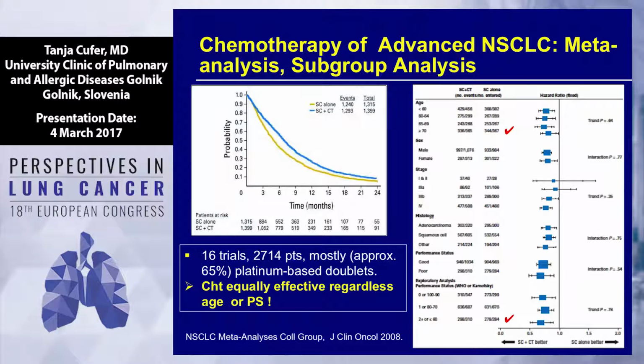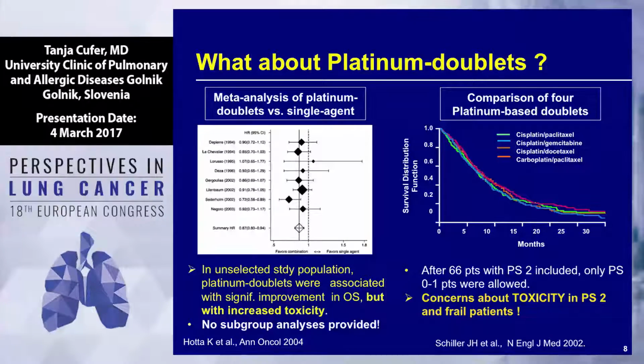When we look at platinum-based doublets, also in this meta-analysis of the platinum-based doublet, you can see that there were some concerns about the toxicity. In this particular Schiller trial, comparing 4 different schemas, at the beginning, patients with performance 2 status were also included.